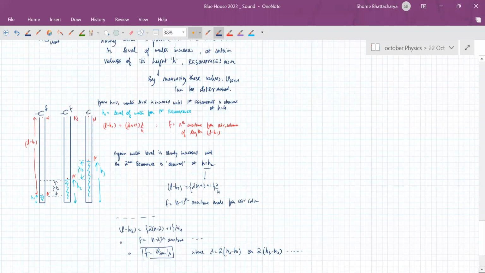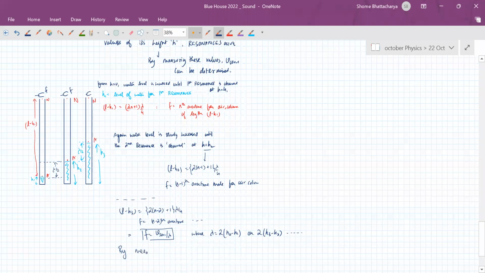Basically, in this experiment, by measuring consecutive resonances at h equal to h1, h2, h3, etc., lambda is equal to h2 minus h1 or h3 minus h2, etc. So lambda is measured, and therefore speed of sound becomes f lambda, where f is the known frequency of the tuning fork.